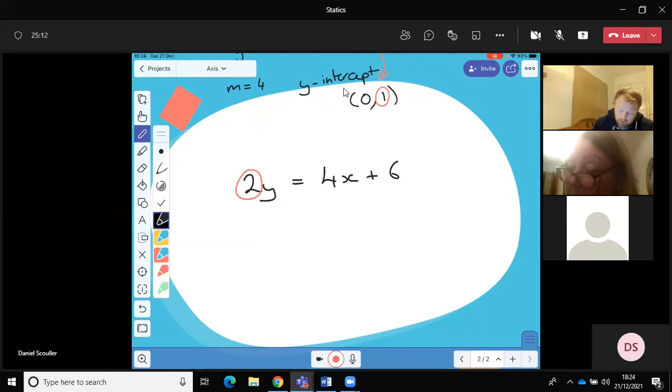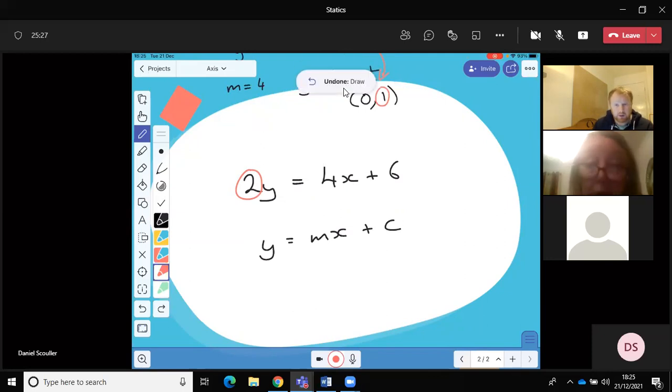So we always want to leave y on its own: y equals mx plus c. If we've got anything in front of it, anything added to it, or divided by it, we want to get rid of that and put it over to the other side. So again, we're using BODMAS. There's nothing being added or taken away on the left-hand side for us, so we're going straight for the multiples.